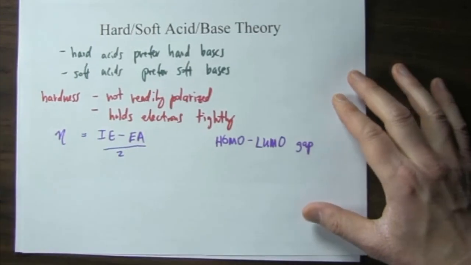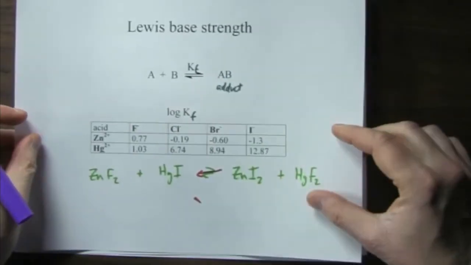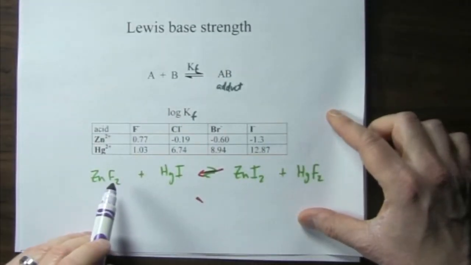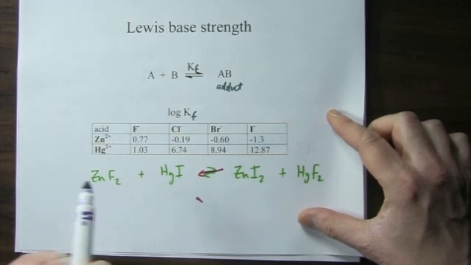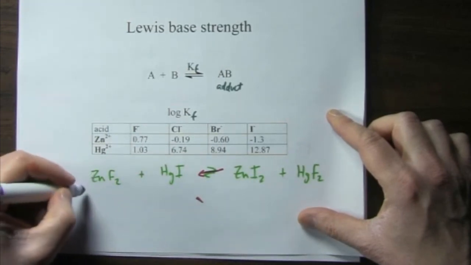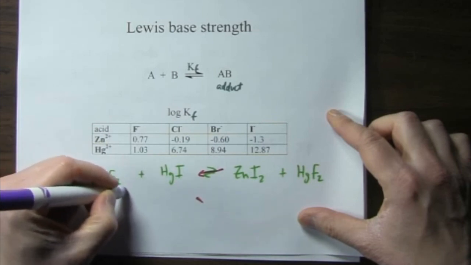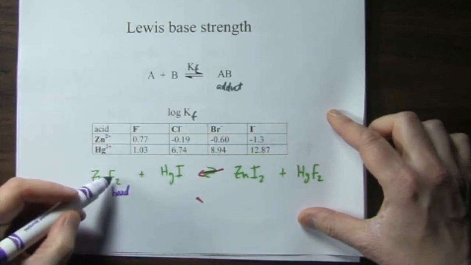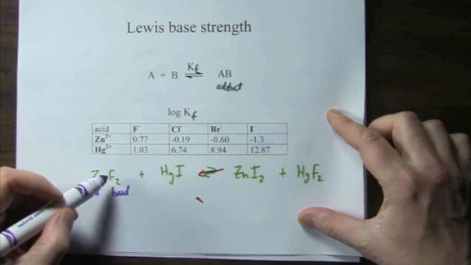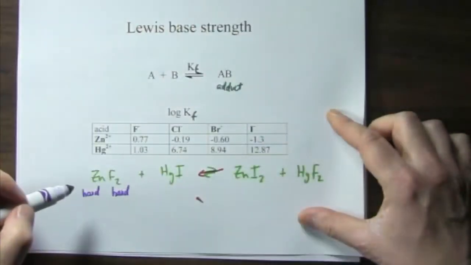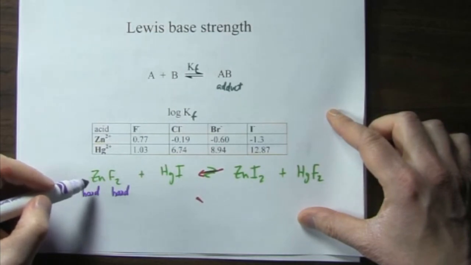So if we go back to our previous data set, we see that the reason why this reaction is not favored is that we have a hard acid and a hard base. Fluoride, from periodic trends, we'd expect to be hard because it's in the upper right part of the periodic table.